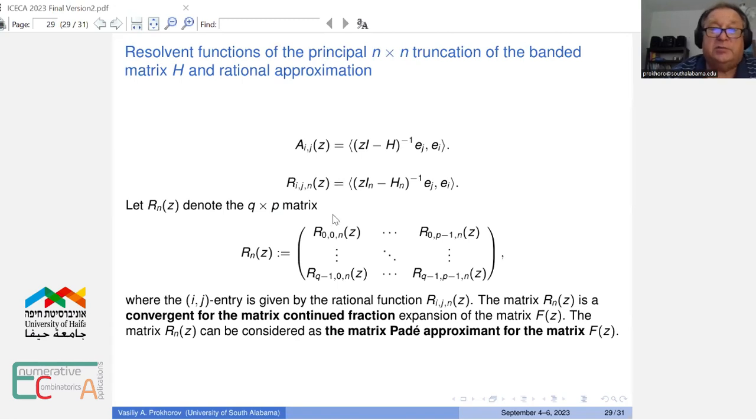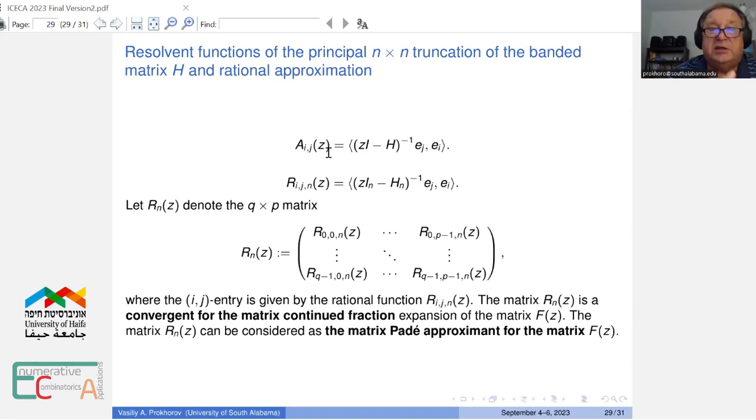If we construct, from the resolvents of the truncation, this matrix of rational functions Rn, then first, Rn is a convergent for the matrix continued fractions that we define in Theorem 2.